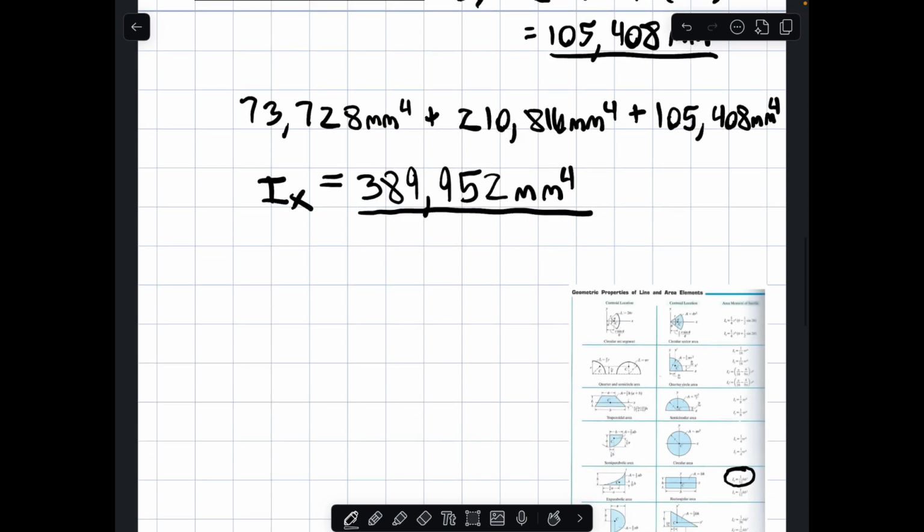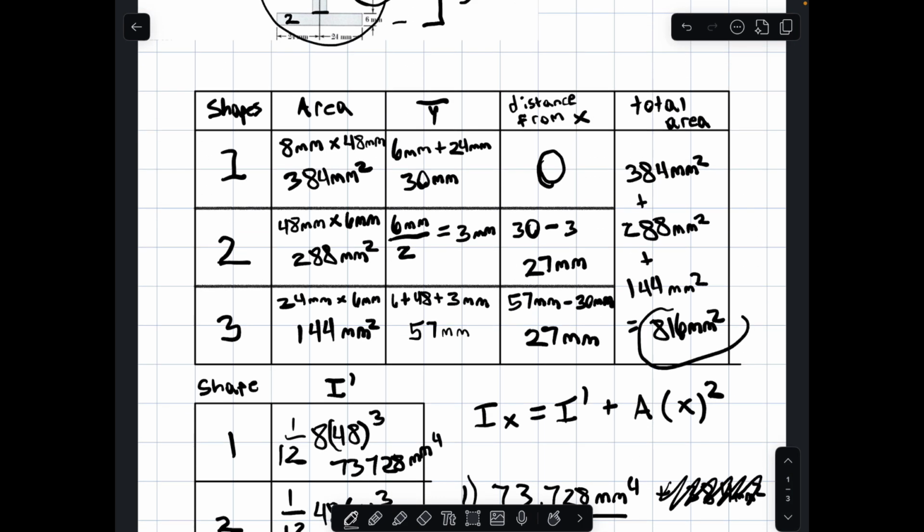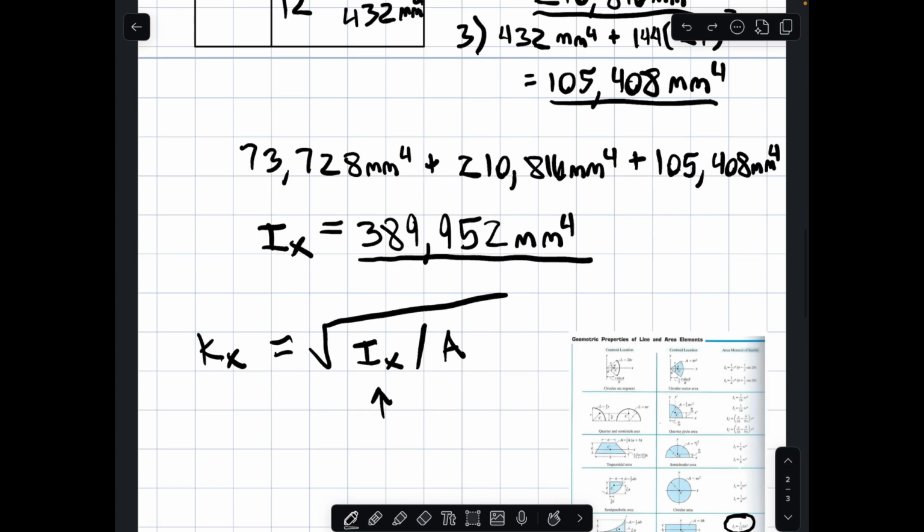Now we just need to find the radius of gyration. So using this equation, we'll get this radius of gyration. This is what we just found, and then the total area, which is right here, will be plugged in right here.